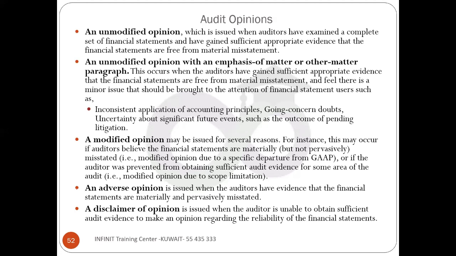An adverse opinion, the auditor is telling no, it is misstated completely. A disclaimer opinion is like, they issued the financial statement, but they mention that we believe this is the number, but we didn't get enough evidence to prove that. So there is a disclaimer. We are not responsible for this.